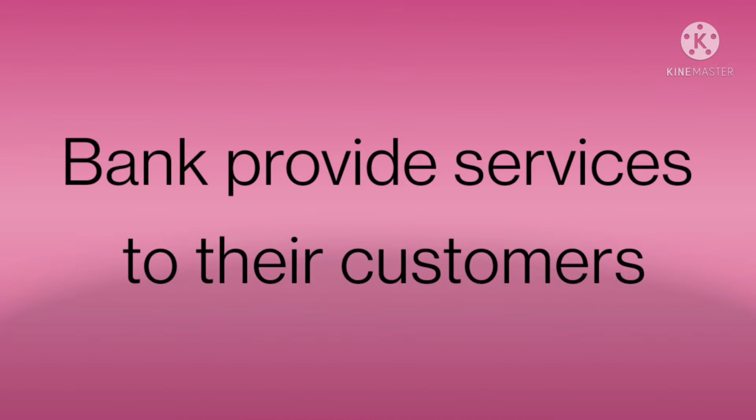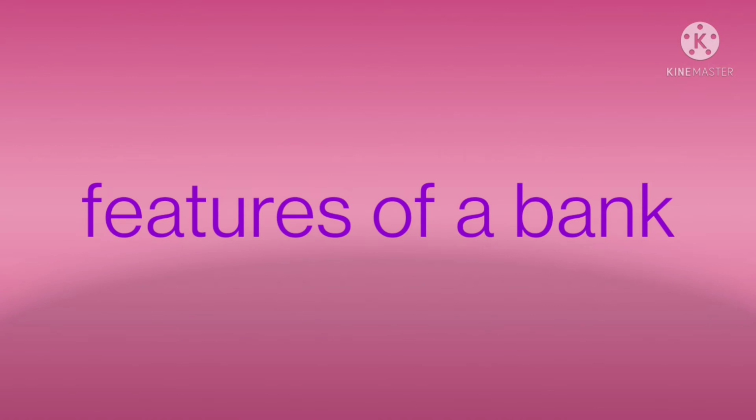Now let's study the features of a bank. What are the qualities a bank has? First is dealing in money. That means a bank is a financial institution which deals with other people's money. The money which they are dealing with is not their own. It is other people's money.